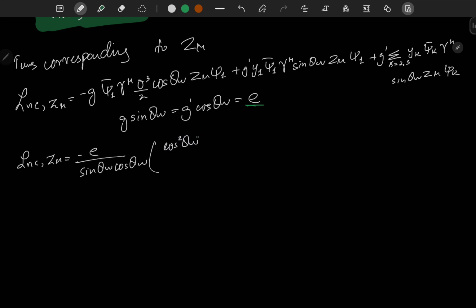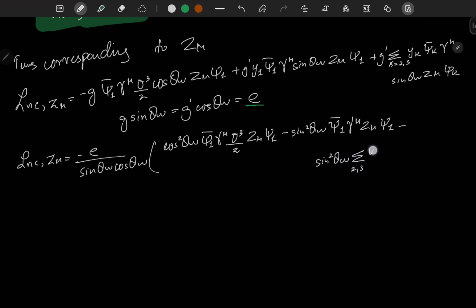So cosine of theta w psi 1 bar gamma mu sigma 3 over 2 Z mu psi 1 minus sine square of theta w psi 1 bar gamma mu Z mu psi 1 minus sine square of theta w sum over k equal to 2 and 3 of y of k psi bar of k gamma mu Z mu psi of k.